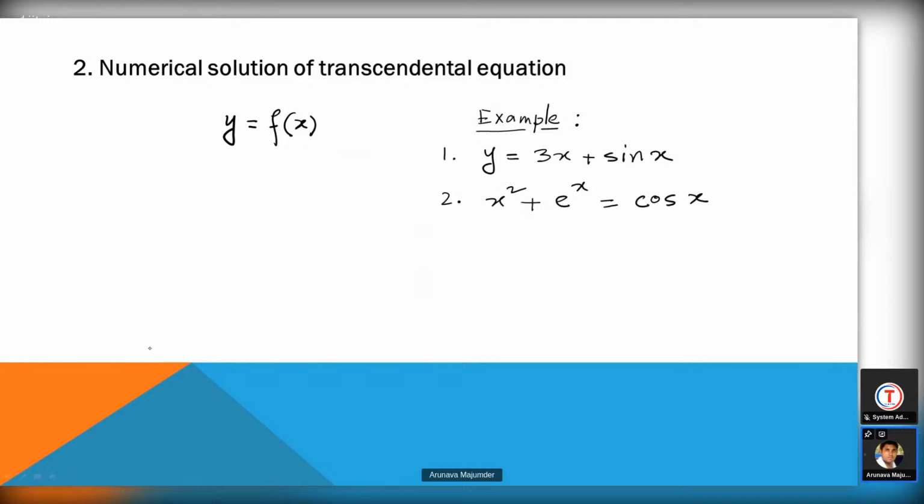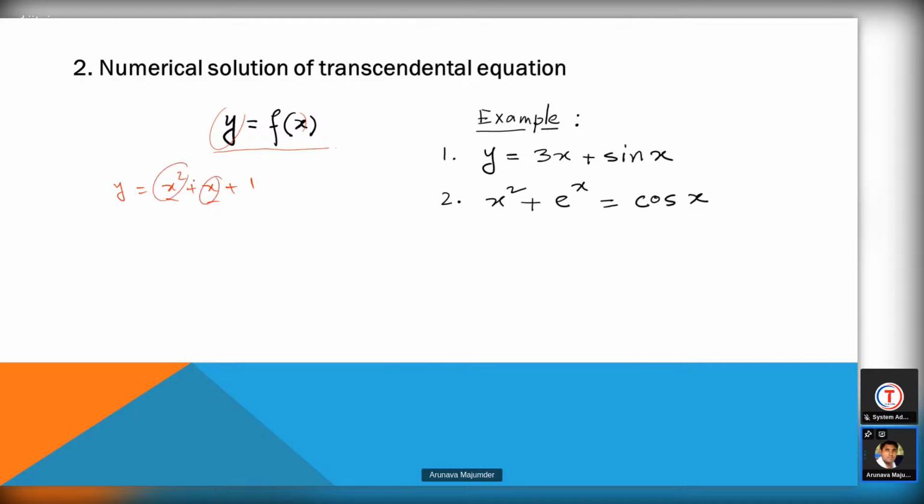In engineering mathematics, we all know any equation is of the type y equal to f of x. I am talking about an equation of one independent variable x and one dependent variable y. You can have different examples. Suppose I write y equal to x square plus x plus 1, this is an equation, but only algebraic terms are there.